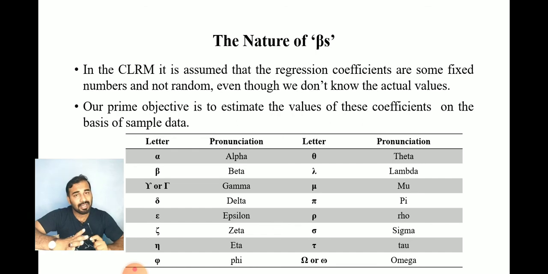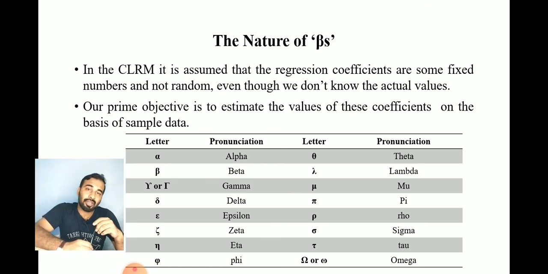Then we saw the explanatory or independent variable, the error term and the reasons for it, and then the parameters beta 0 and beta 1. So this is all for today's lecture. I hope it is understood, and if you have any doubts you can contact me.